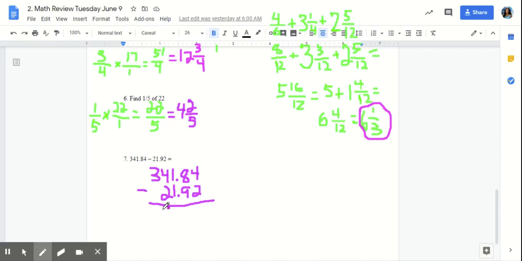If you subtracted correctly, the final answer is 319 and 92 hundredths.